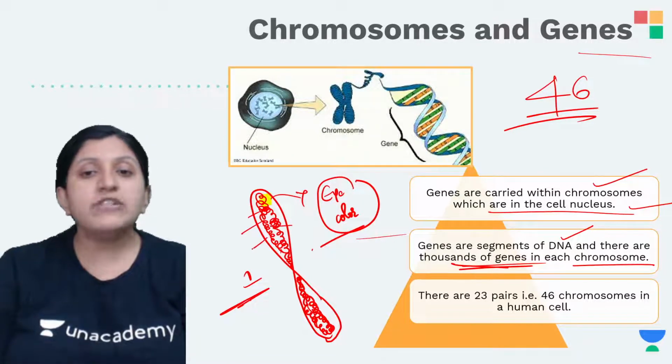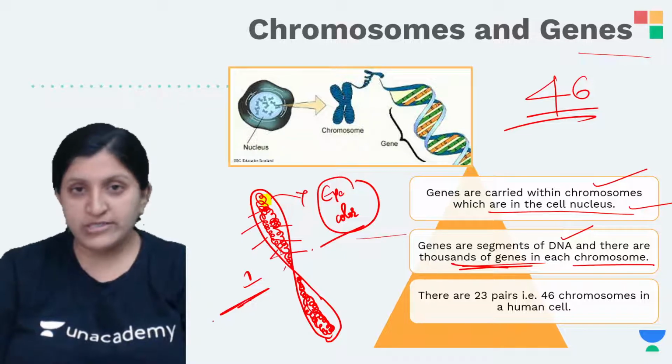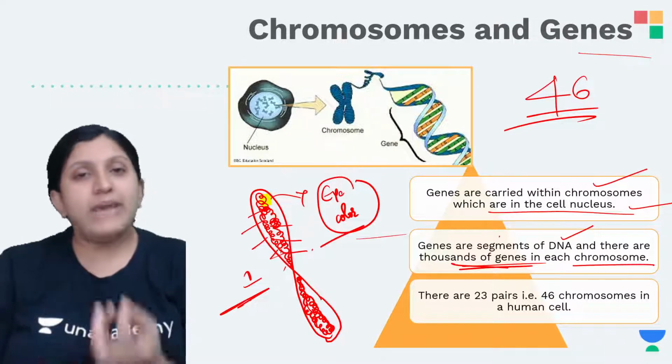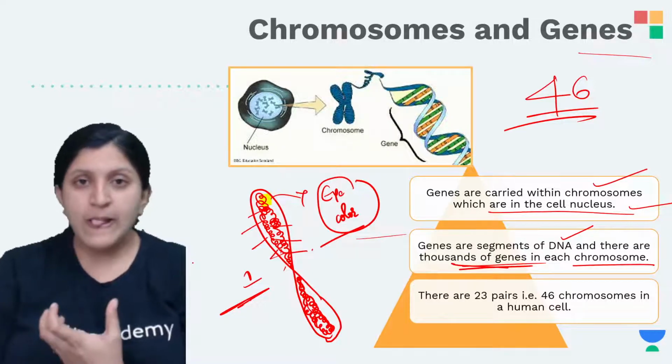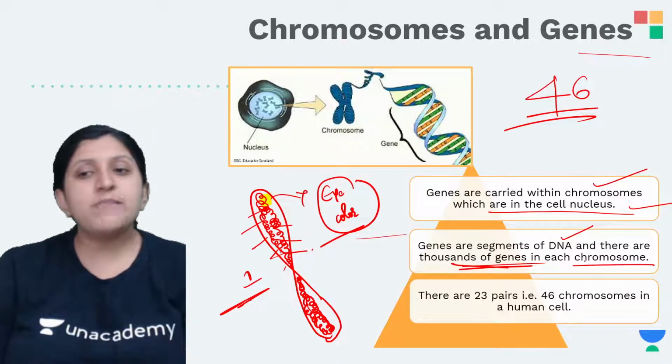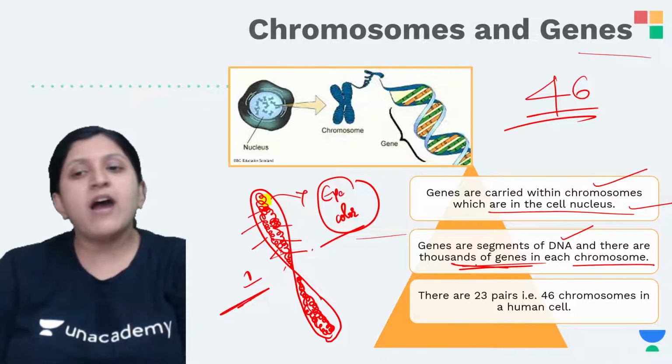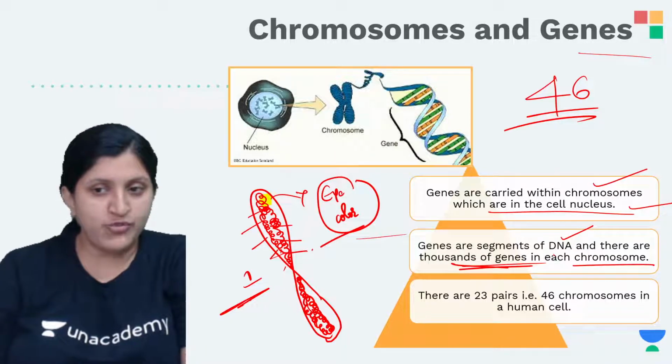Genes are segments of DNA, and there are thousands of genes in each chromosome. That is only for one chromosome. Just imagine we have 46 chromosomes. So the single chromosome is not just having a gene for coding eye color, but of course it can have 1,000 other body features. Based on that there is an expression of the genes.